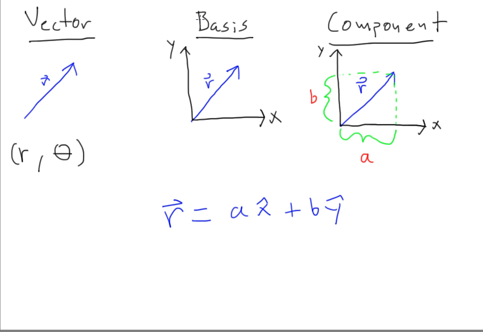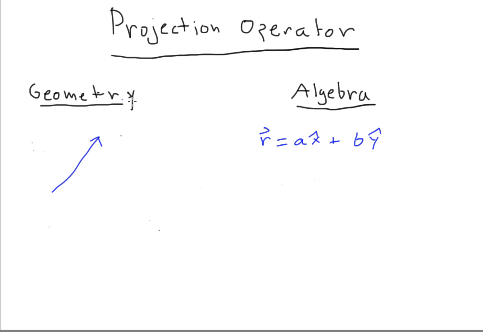So again, things to take away from this, we had to choose a basis because we wanted to know the components of our vector in that basis. So how do we find the components? Well, in general, we know that we can project vectors onto axes.